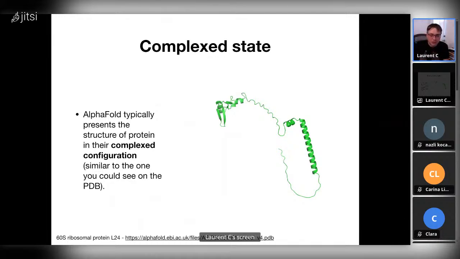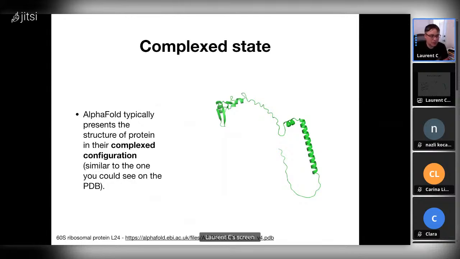In other words, it will not generate the structure of your protein as if you were expressing it, for example, in bacteria with none of its usual protein partners. It will typically generate the configuration as if it was present with all of its protein partners. So it will typically generate the structure of the most complex state of your protein.